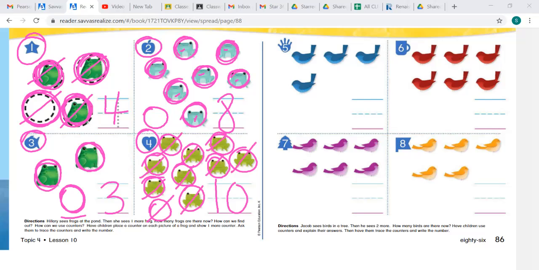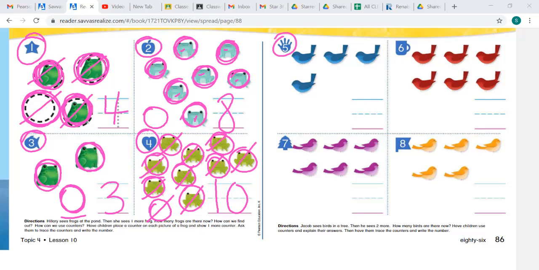All right. Now Jacob sees birds in a tree. Then he sees 2 more. How many birds are there now? You're going to use counters and you're going to explain your answer. You're going to trace the counters, I'm sorry, and write the numbers.